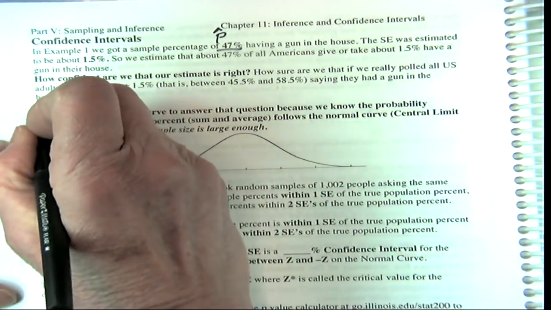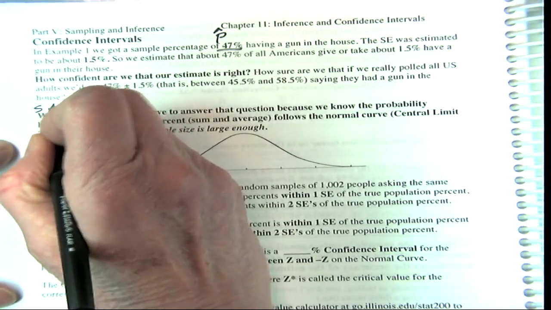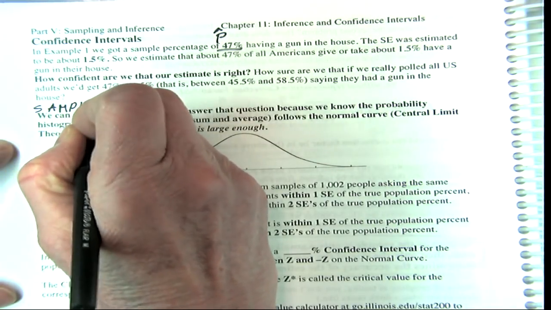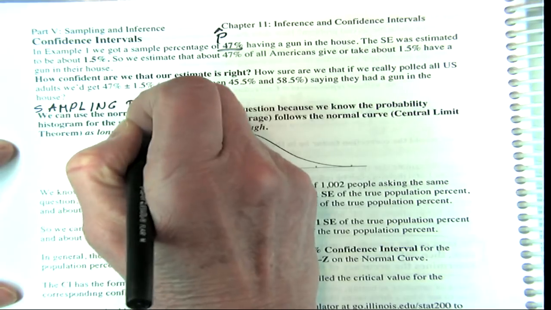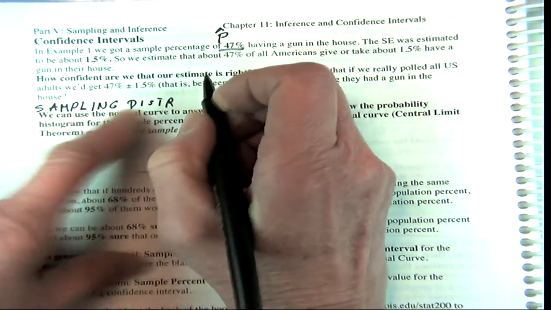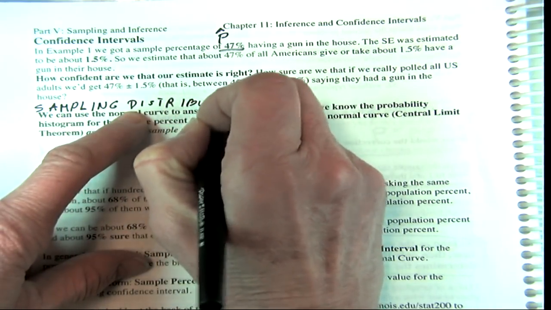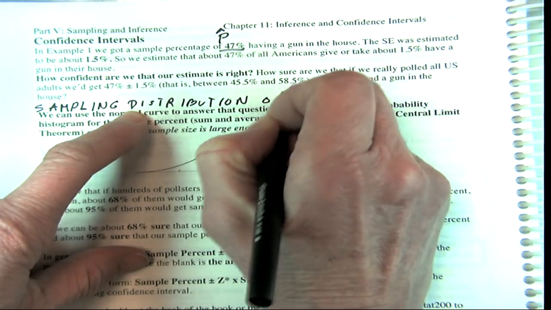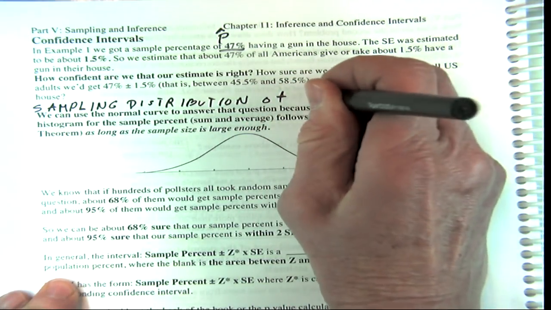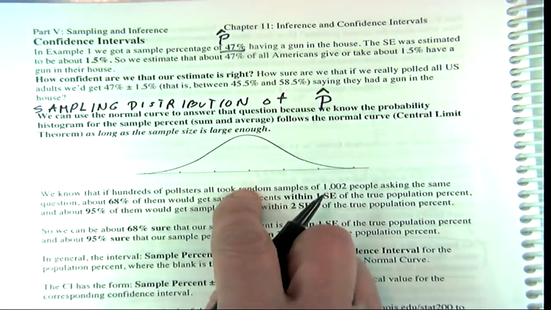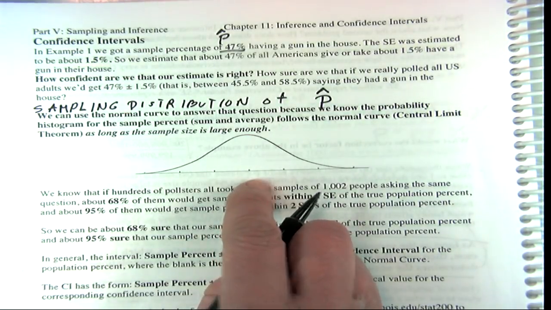We know, let me just write this down because this is an important concept, we know the sampling distribution from the central limit theorem of the sample percent. What do we know about it? We know it follows the normal curve.